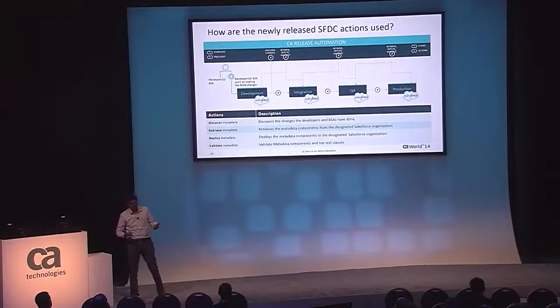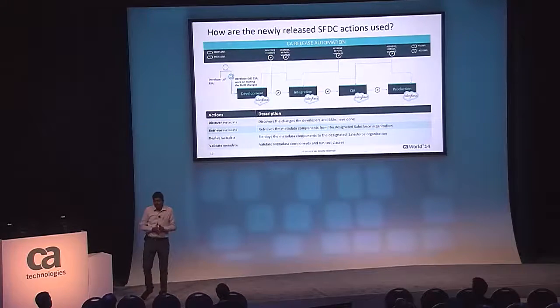One of the other learnings from the previous solution was with respect to Subversion. We wanted to completely avoid using Subversion. So we found a way where we can automatically discover the changes as the developers or the BSAs are making them in their development sandbox. We are again using Salesforce APIs to do this.